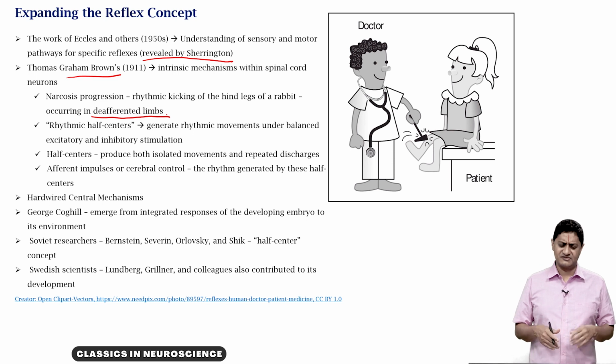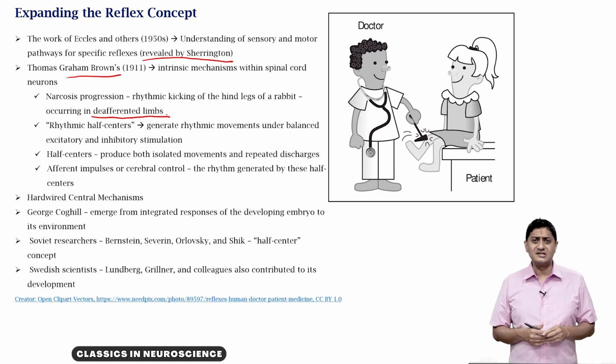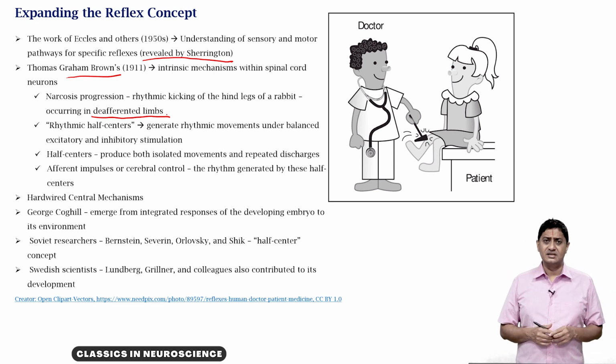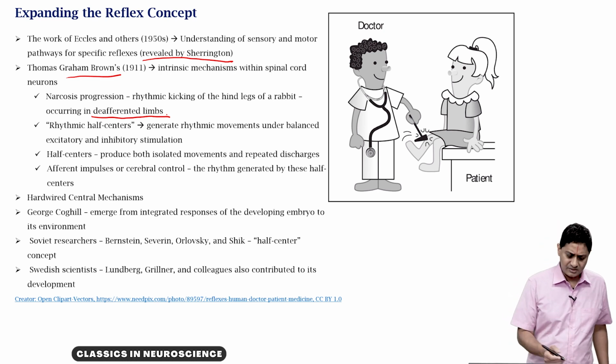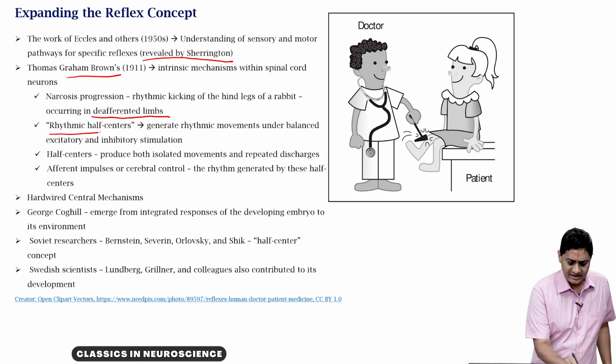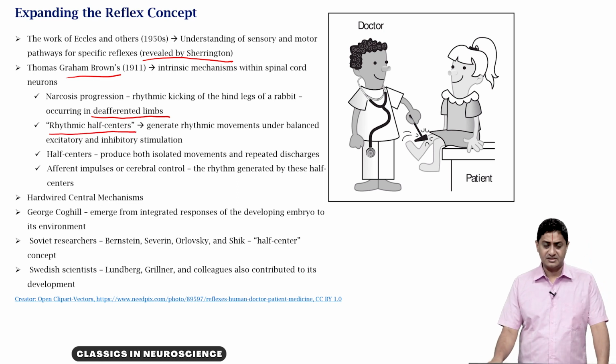He also observed this in several other model systems. For example, the chick whose head is cut continues to walk for a few steps. This he attributed to rhythmic half centers.